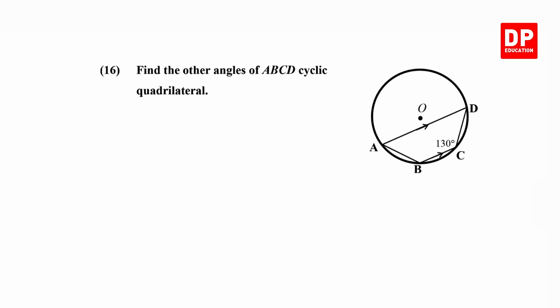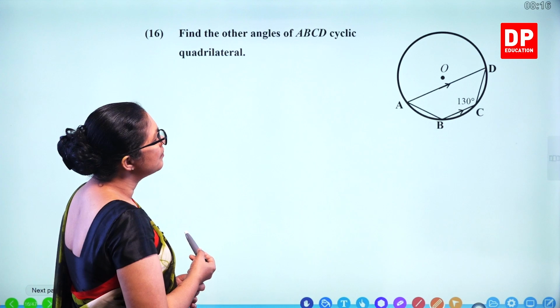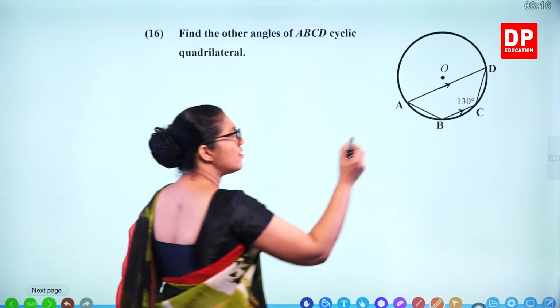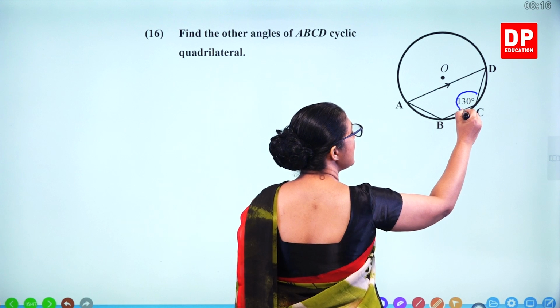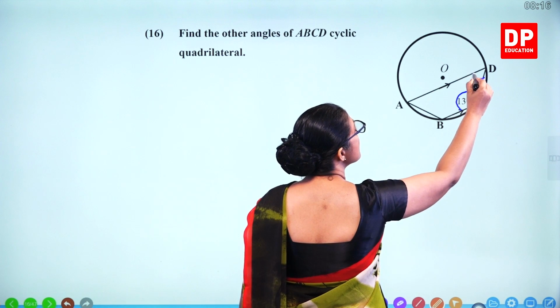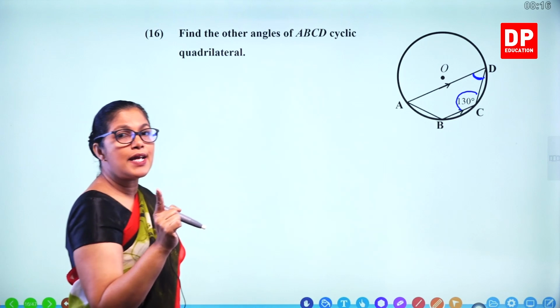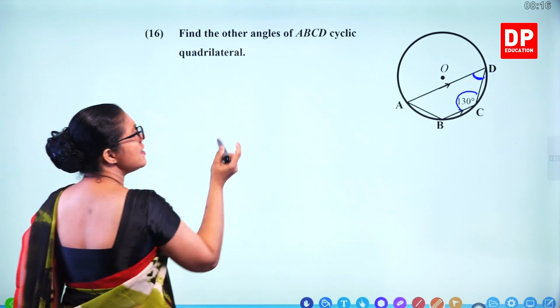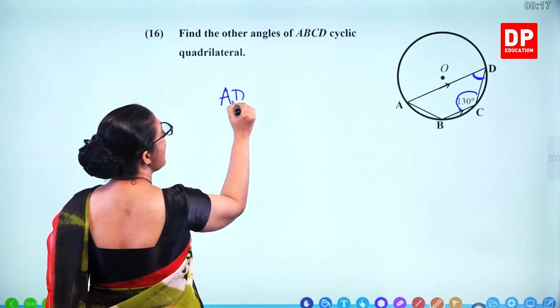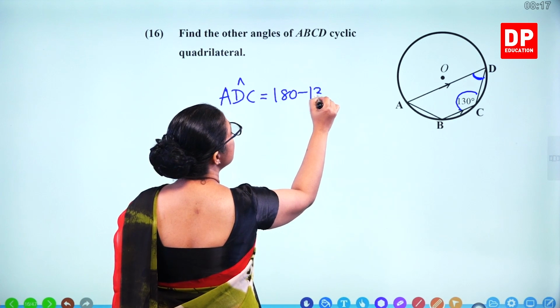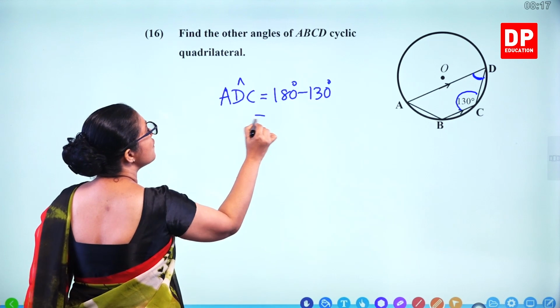Question number 16. Find the other angles of ABCD cyclic quadrilateral. So two lines are parallel. Because of that, we can say this and this, both are allied angles, add up to 180. So easily you can find angle ADC. 180 minus 130, that's 50 degrees.